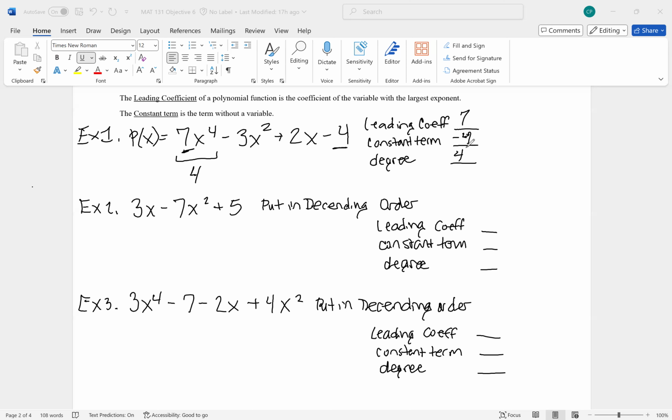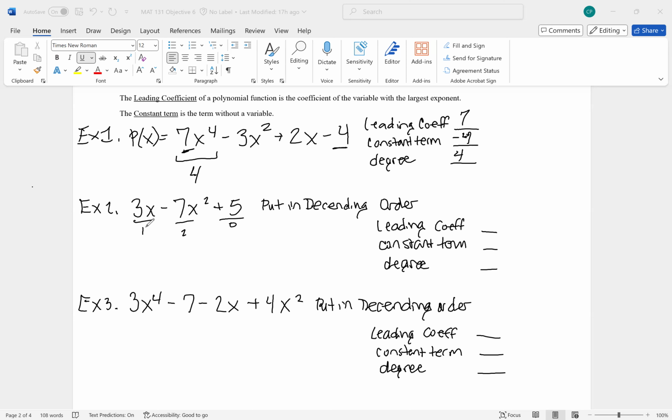Let's look at example 2. We've got 3x minus 7x squared plus 5, and we're going to put it in descending order, okay? That means that we need to start with identifying the degree, okay? So we know the degree of the 5 is going to be 0. The degree of the -7x squared, that exponent of 2, is going to help us with that. And for the 3x, the exponent is 1.